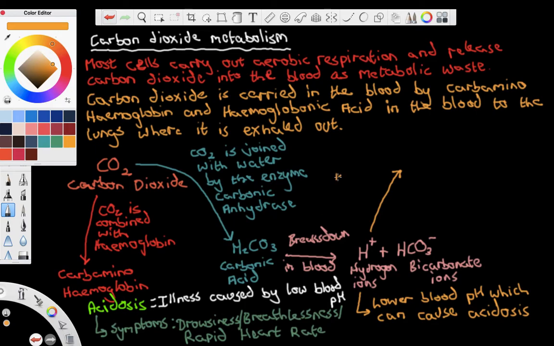So H+ joins with hemoglobin. So the hydrogen ions join with hemoglobin to form the second molecule that we talked about earlier, hemoglobinic acid.